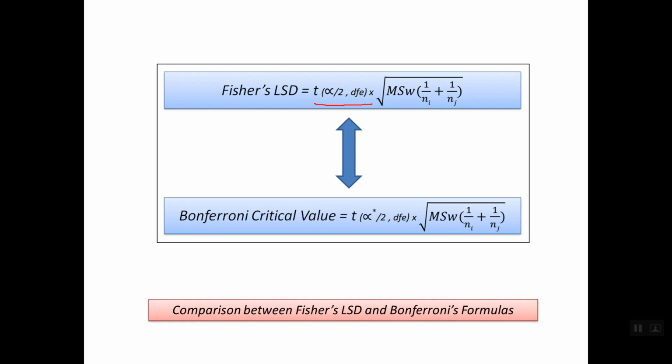Alpha in this case is the original one, which in our case is 0.05. Regarding the Bonferroni critical value formula, it is the same formula, but the value of t is determined at significance level alpha star divided by 2, and alpha star in this case is an adjusted or corrected value of alpha.